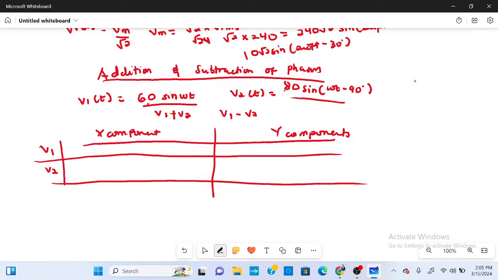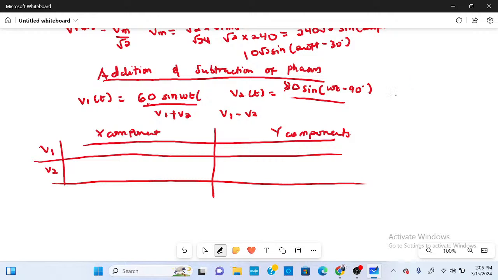So at this point, we use the phase angles to be the angle we would talk about. So let's see, watch closely as I solve this problem. The x component is always your peak cos the phase angle.